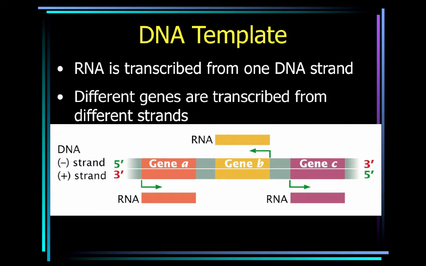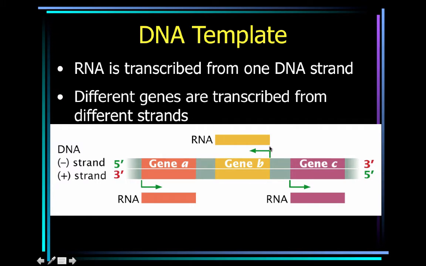So for example, in this figure here, we'll just say this top strand is like chromosome 1, and this bottom strand is the complement to chromosome 1, and that first portion in orange is going to code for gene A, yellow is going to code for gene B, and purple or fuchsia, whatever color that is, is going to code for gene C. So gene A is going to go through the transcription process by moving in the 3' to 5' direction.